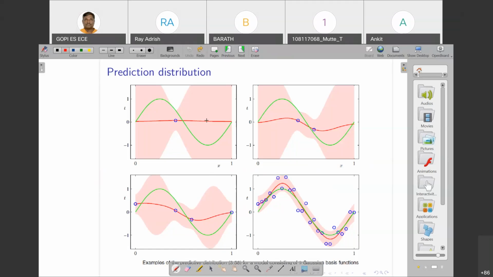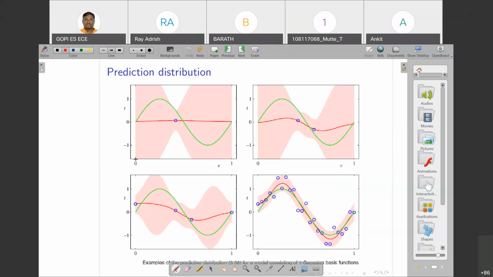What is given here, the pink shade, is the predictive distribution, with this red color as the mean of this predictive distribution. What is marked here in red is the mean of the predictive distribution.